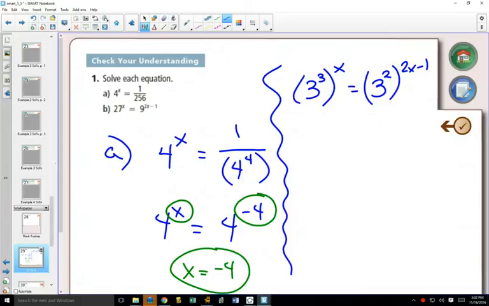What exponent law are we looking at? A power to a power. What do we do? Multiply. So this one becomes 3x, and when we multiply here, we'd have to distribute, we'd get 4x minus 2.